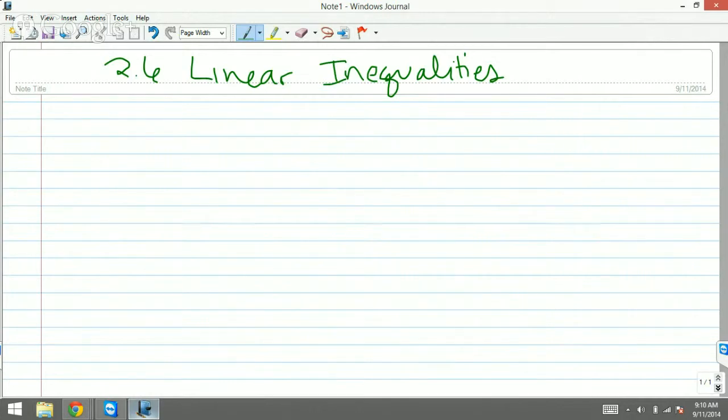Systems of linear inequalities. Okay, so let's look at, we'll just throw that up there.